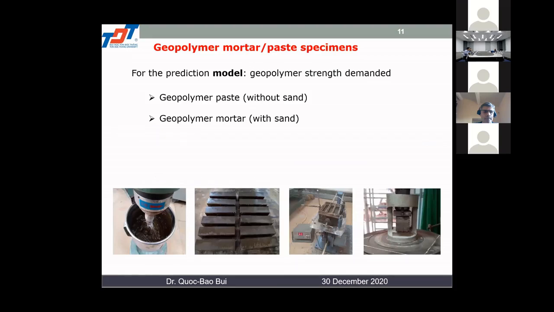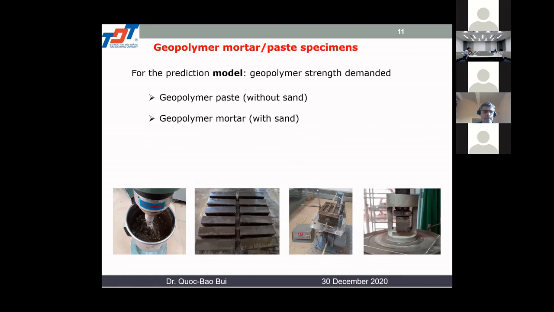And because we want to develop some analytical, empirical model, we must also determine the geopolymer strength. But we have two types of geopolymer.